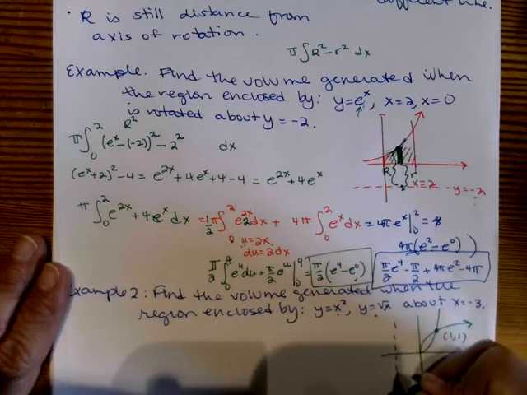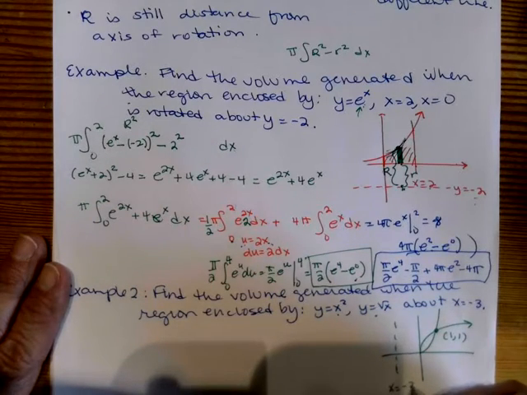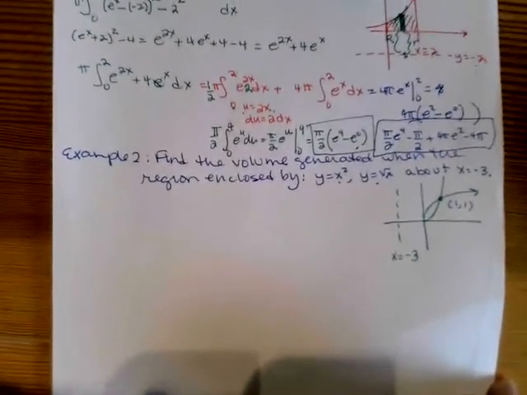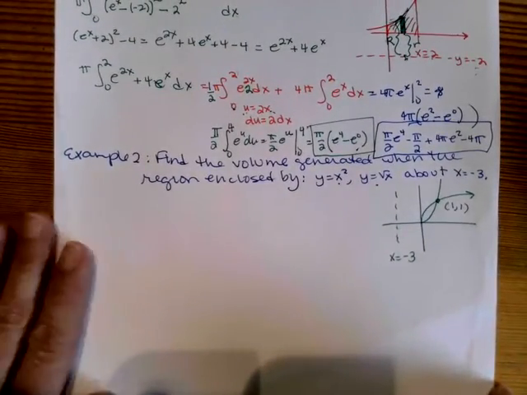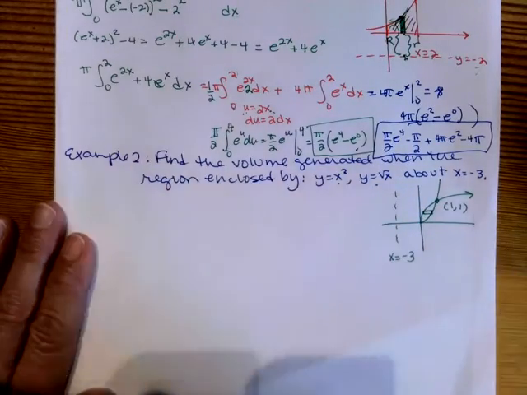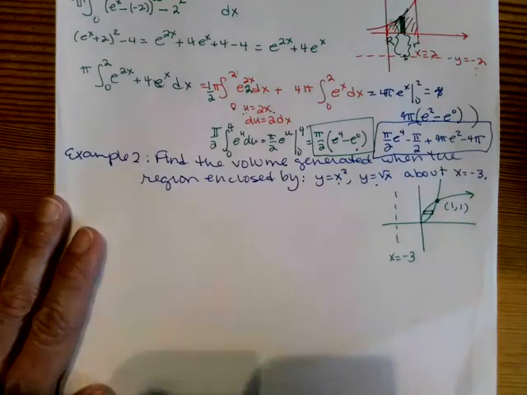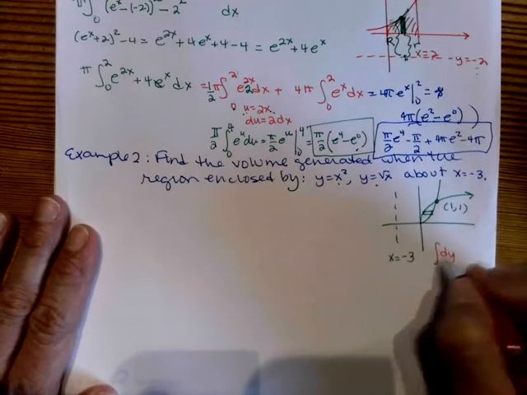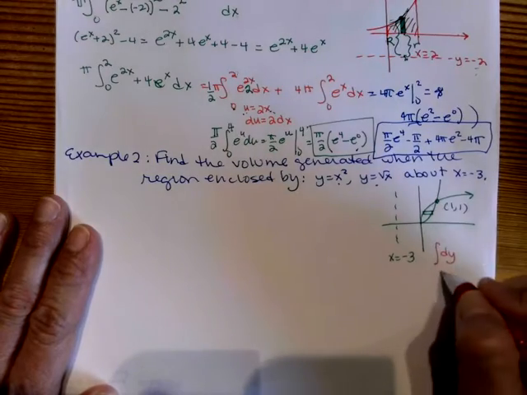And then we're rotating about the line x equals -3. Okay, so draw it, right, perpendicular to the axis you're spinning around. So I know I have dy's, and my dy's go from 0 to 1.